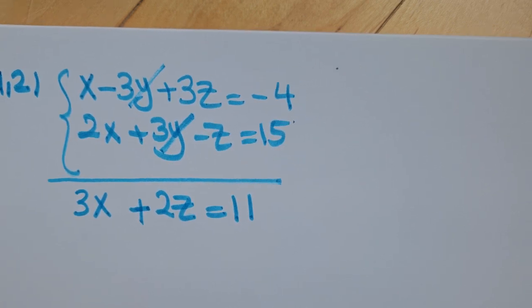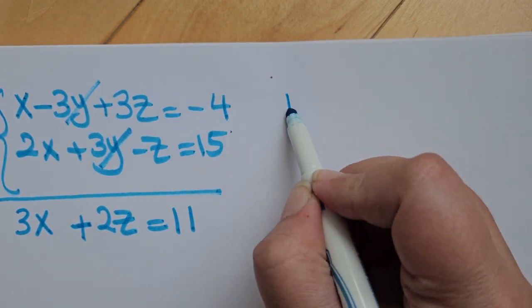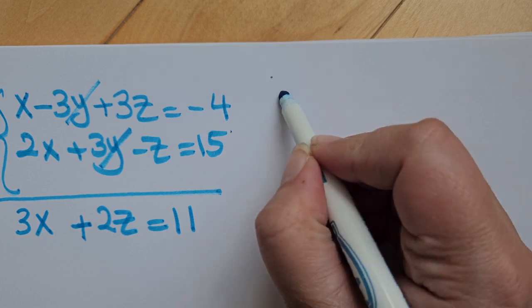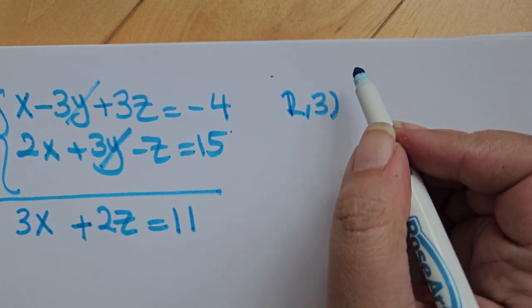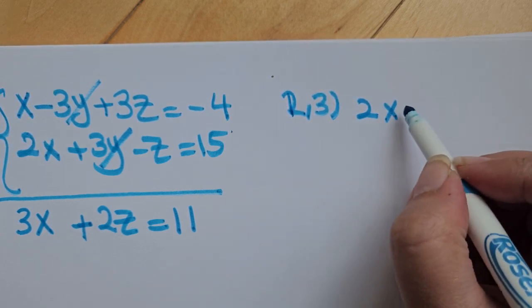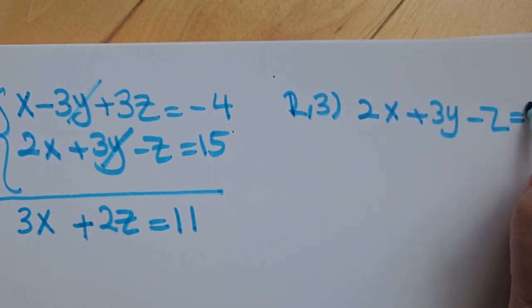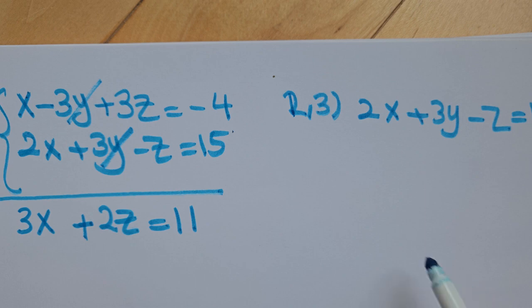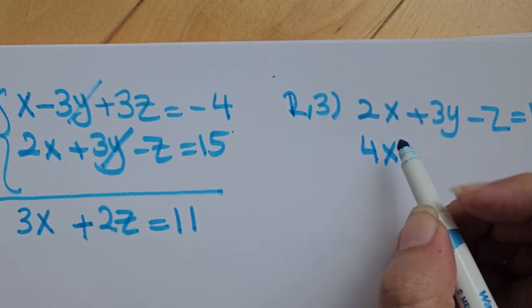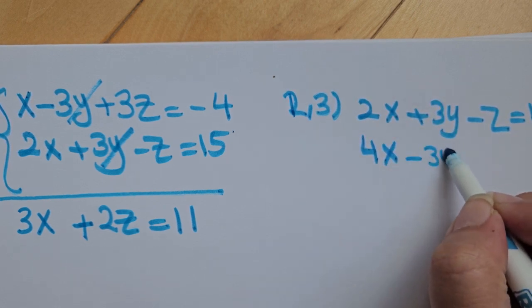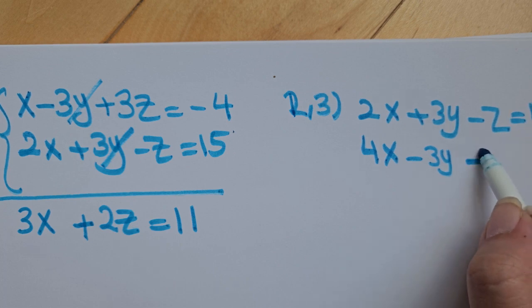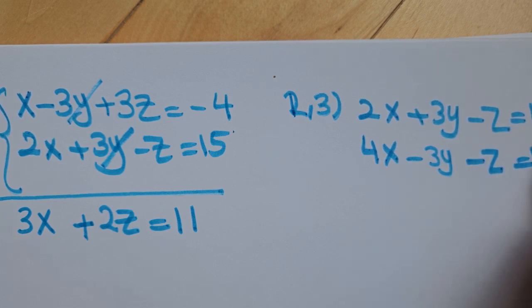Now, the second combination I can consider is equation 2 and 3 together. So that would be 2x plus 3y minus z is equal to 15, and equation number 3 is 4x minus 3y minus z, it's equal to 19.